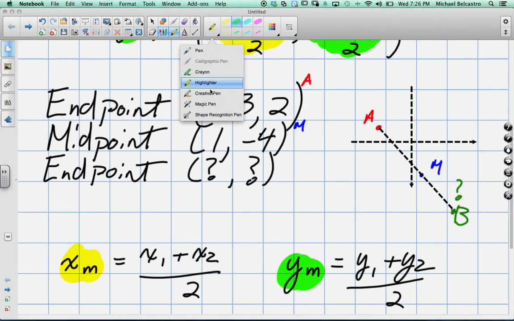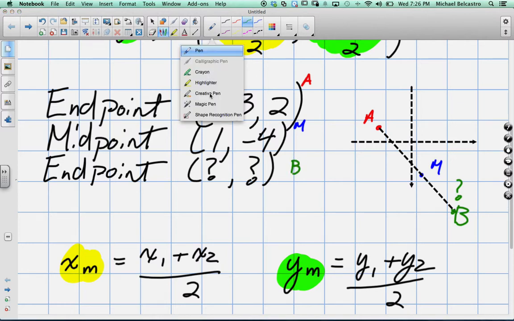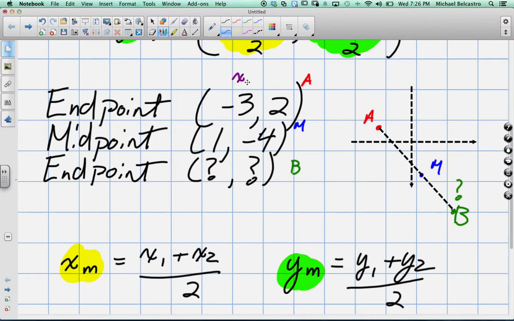We called things A, M, and B. We really should have numbered them because in our formula we used numbers 1 and 2. So let's do that in purple. This will be my x1 and my y1. And since this is the midpoint, this will be my xm and my ym. Does that make sense?